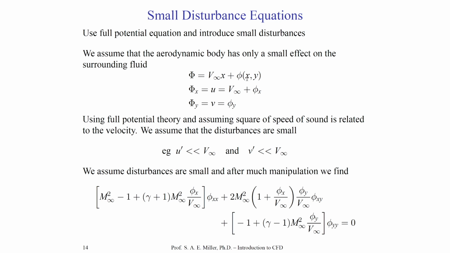We'll seek little phi and substitute back into capital phi to find the actual solution. Also, for example, you might say phi sub y equals nothing but v, the cross-stream velocity component, and phi sub y is partial phi partial y. So little phi must be extremely small because it's a perturbation technique.